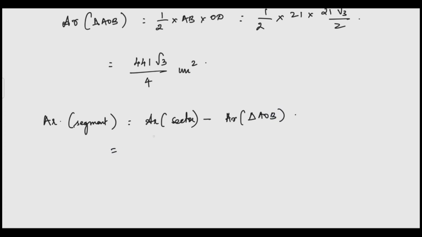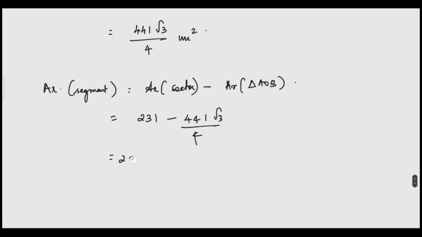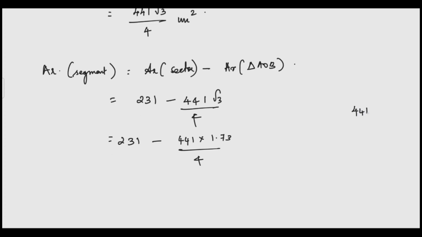We have received area of sector as 231 from our previous problem and area of triangle as 441 root 3 by 4. I'm solving them. 231 minus 441 into 1.73 divided by 4. 441 into 173. Multiplying by 3, we get 1323.